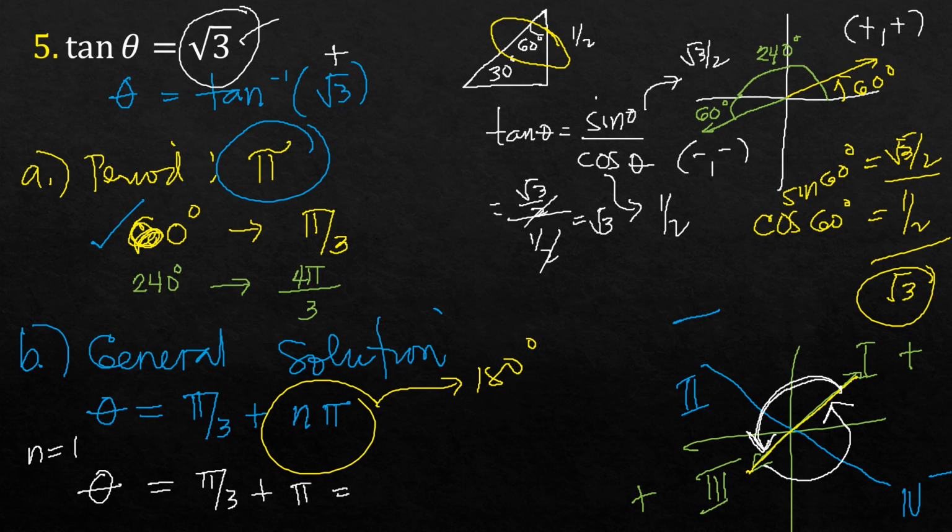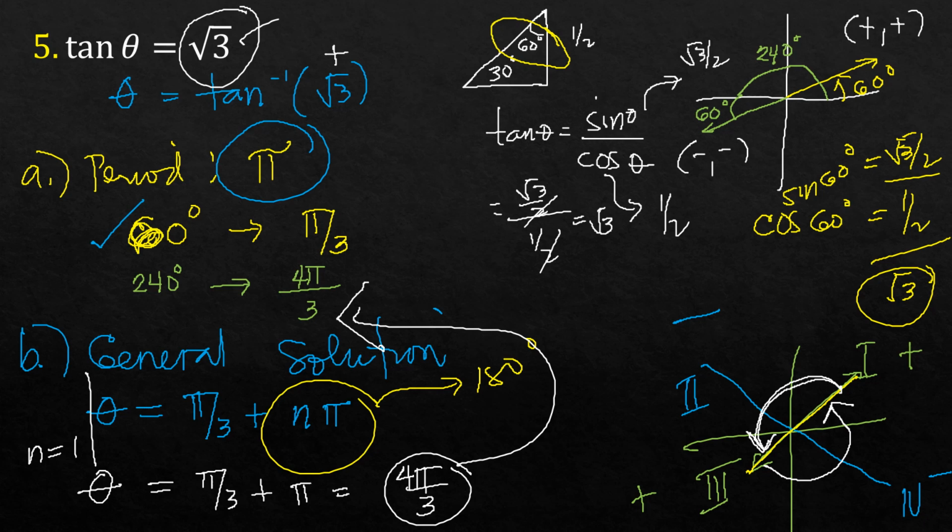So we can immediately have 4 pi over 3, meaning to say we can just express the general solution as theta is equal to pi over 3 plus n pi, because you can generate 4 pi over 3 out of it.